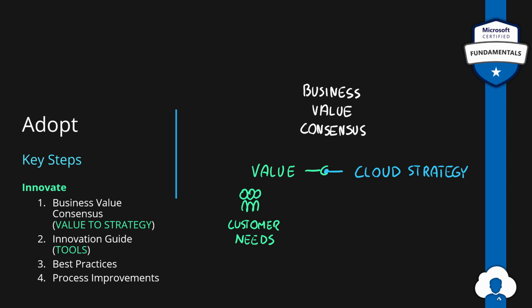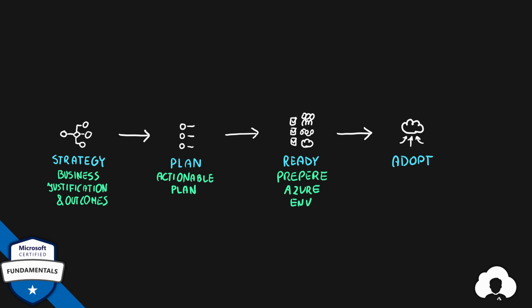You want to go through each iteration where you create this application to make sure that your customers and your teams provide feedback. In Azure, there are a lot of tools like Azure DevOps or GitHub, which help you with these processes. In summary, the adopt stage is about implementing the existing plan and either migrating or innovating, or maybe both.